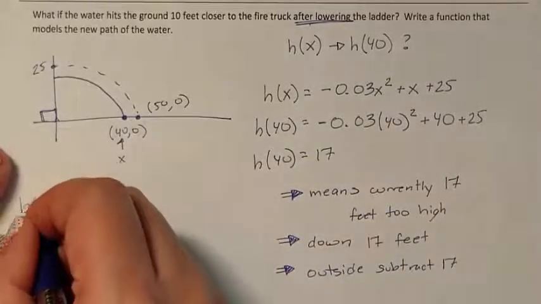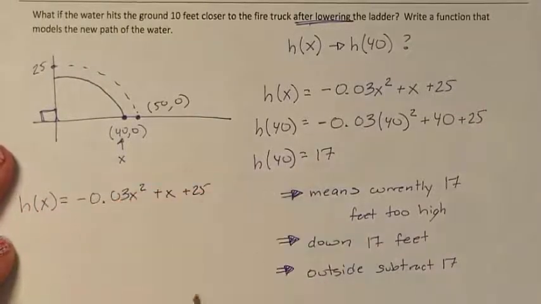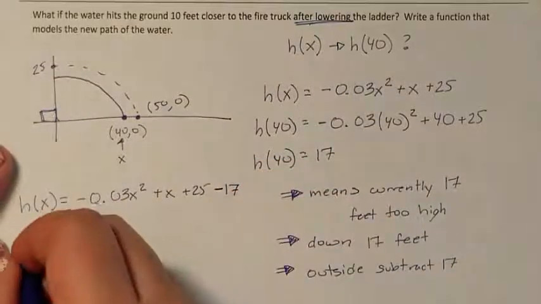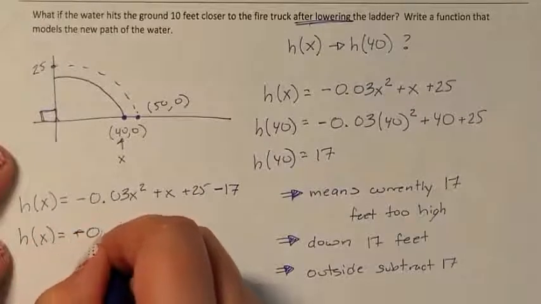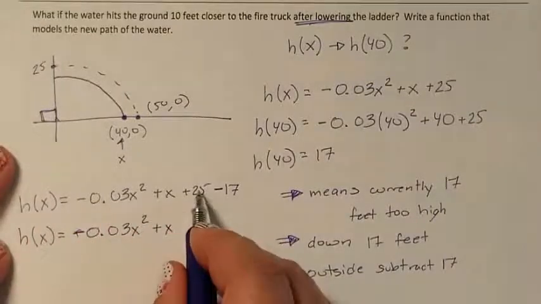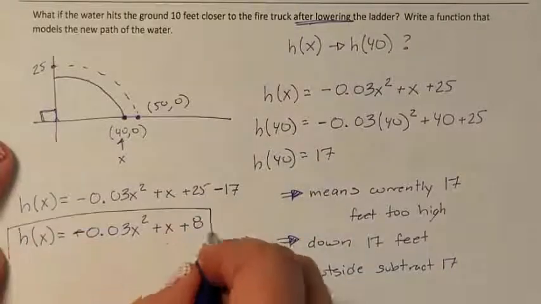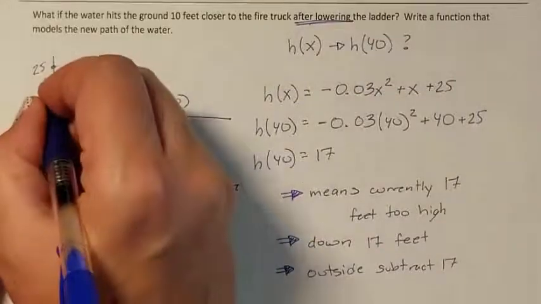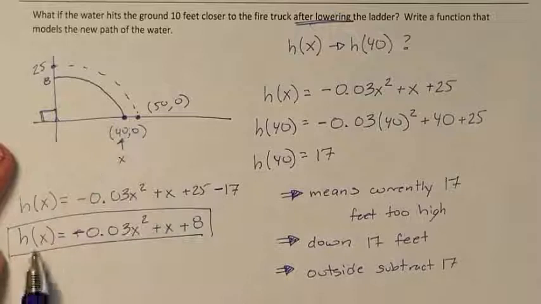So here is where my ladder currently is sitting. On the outside, I needed to subtract 17. So I need my new ladder to be at this equation. 25 minus 17 gives me an 8. This is where I need my new ladder equation to be. Down here, I need to be at 8 so that it could hit the 40 mark. This is my new equation.